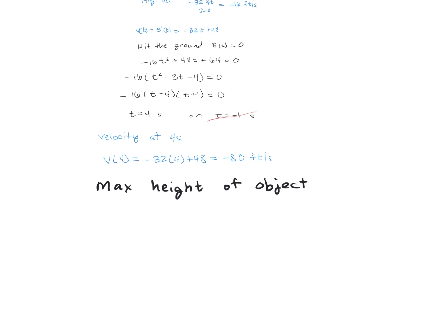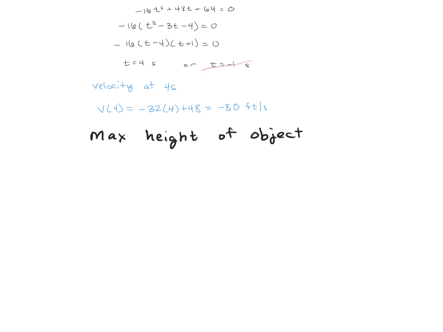And that's going to happen when our velocity, v of t, is equal to 0, because that's when the object goes up to its highest point, stops, and then it starts going back down again. And so that's going to be when the rate of change is 0, because it's basically stopped moving at that one instance in time.